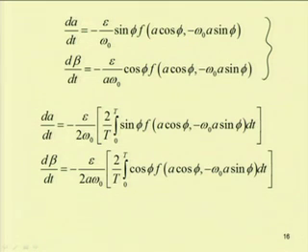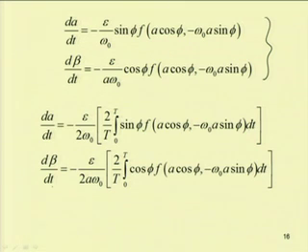As we know, the right hand side is a periodic function with a period of T, and dA by dt and d beta by dt are slowly varying functions. So, we can average this equation to find dA by dt equal to minus epsilon by 2 omega 0, 2 by T, integral 0 to T of sin phi into f a cos phi minus omega 0 a sin phi dt.